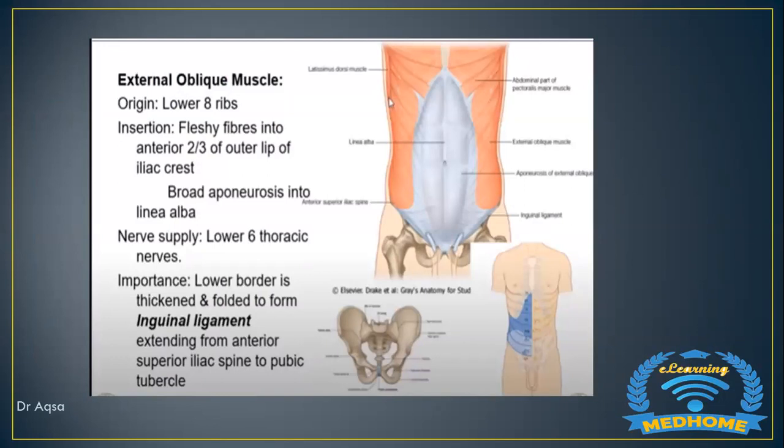Its nerve supply is from the lower 6 thoracic nerves, that is T7 to T12, and its function is that it flexes the trunk, and all of these muscles also protect the viscera. It also has a role in the formation of the inguinal ligament, because the inguinal ligament is formed from the condensation of the external oblique muscle aponeurosis.